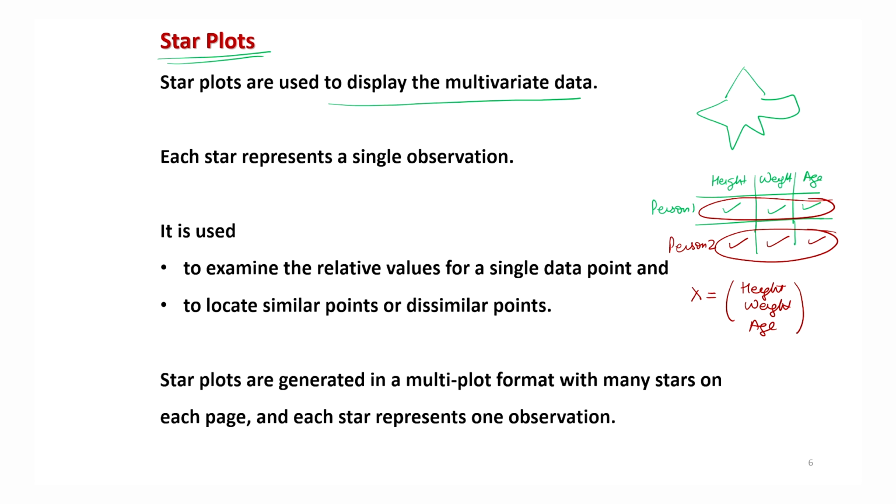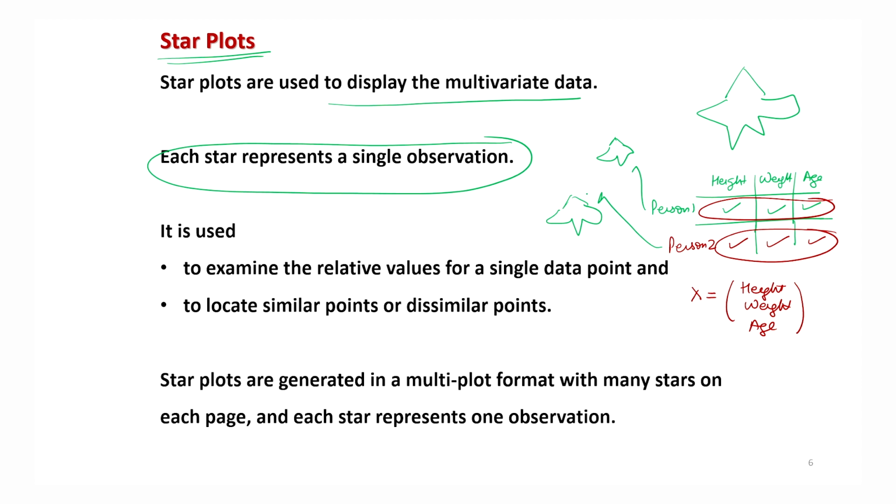So this is the type of data where one single data set consists of more than one variable, and when you plot all of them together, only then is the data set complete. So in star plots, each star represents a single observation. For example, for person number 1 there will be 1 star, and for person number 2 there will be 1 more star, like this.